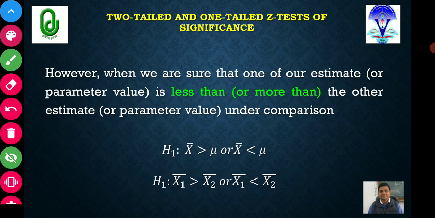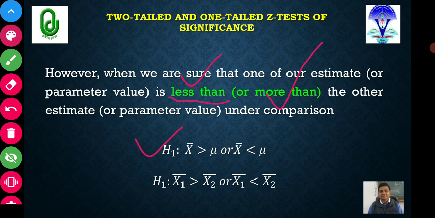Now the second situation, however, is when we are sure that one of our estimate or parameter value is either less than or more than. If it is either less than or more than, then we will go for one-tail test of hypothesis. Why? You will get two types of alternate hypothesis: sample mean is greater than population mean, or sample mean is lesser than population mean.